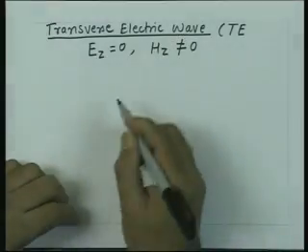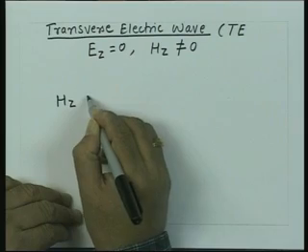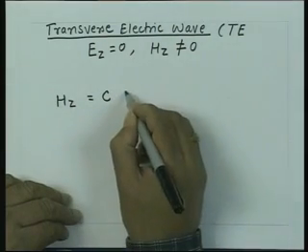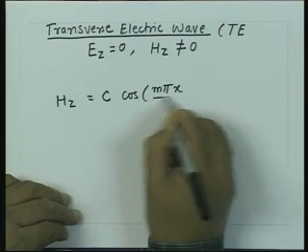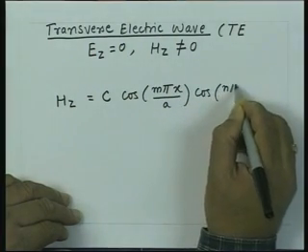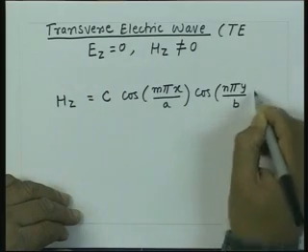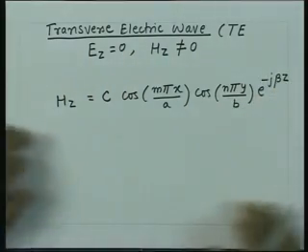So, now having understood all this analysis, we can write the solution without going through the same algebraic steps which we have done. We can get the solution for Hz, which will be some constant times cosine of m pi x by a, cosine of n pi y by b, e to the power minus j beta z.